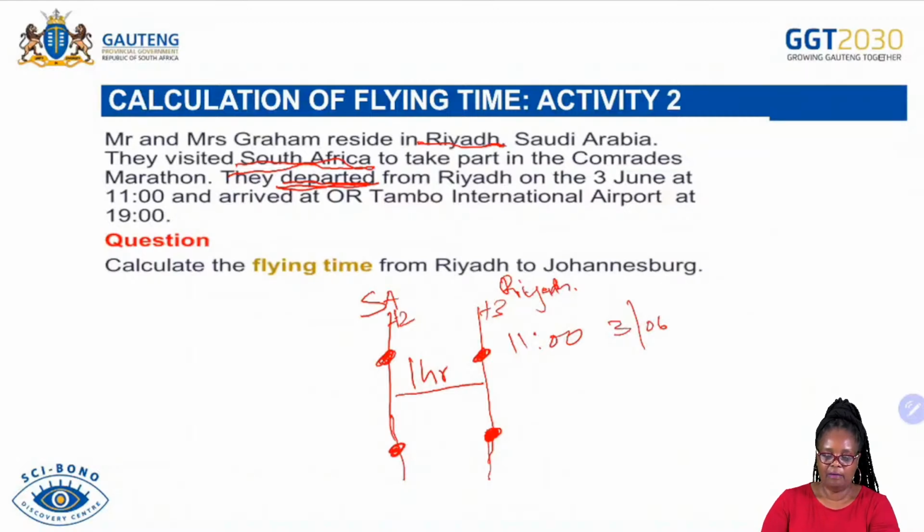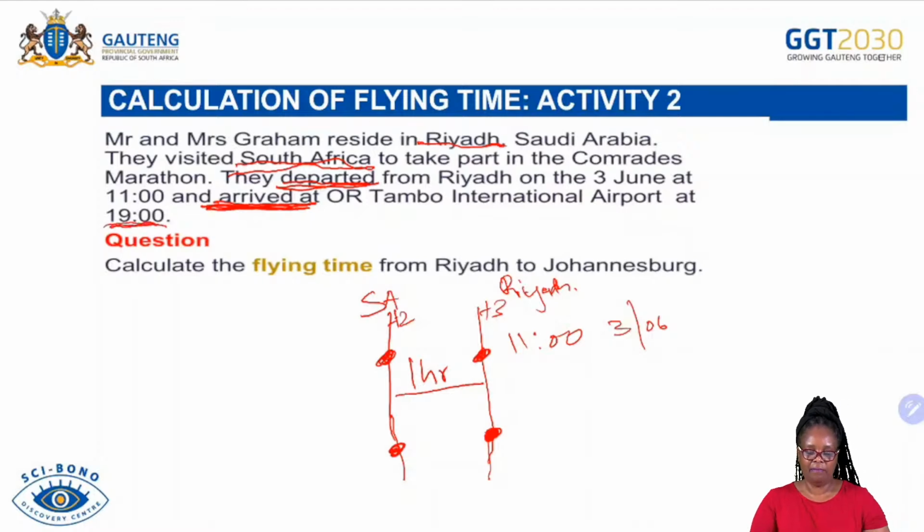Then, what's the other time that has been given? And arrived. Highlight it. Arrived at OR Tambo. OR Tambo is Johannesburg, it's South Africa International Airport at 1900 hours. That's the given time. They say it's arrival.